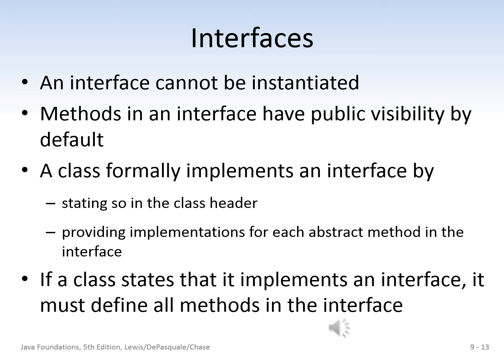And we're going to take a look at that class header in the next slide. And it provides implementations for each of the abstract methods in the interface. If a class states that it implements an interface, it must define all of the methods in the interface. You can't leave any undefined methods.